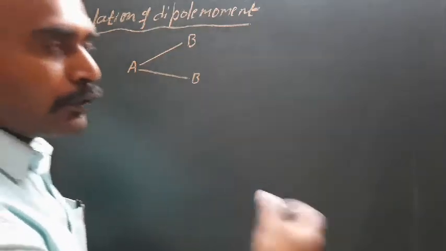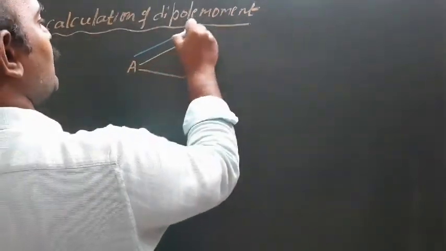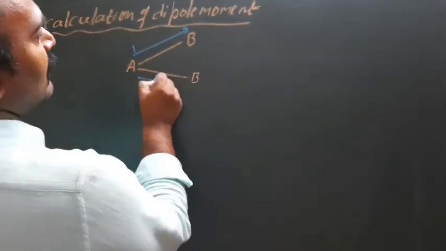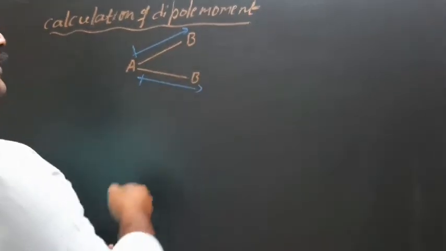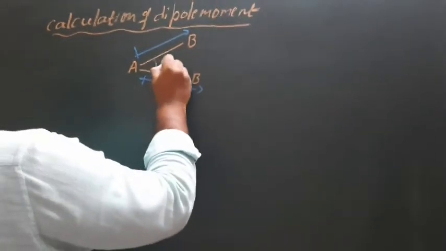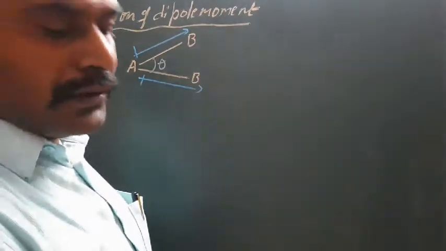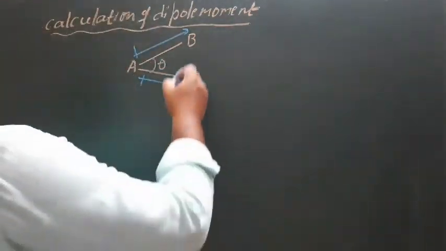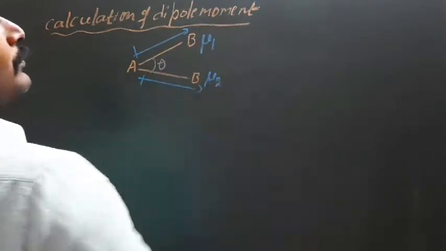B is more electronegative than A. Then the bond moment is towards B here, and here also towards B. Assume theta is the angle between the two bonds. Here the bond moment is mu1, and here the bond moment is mu2.